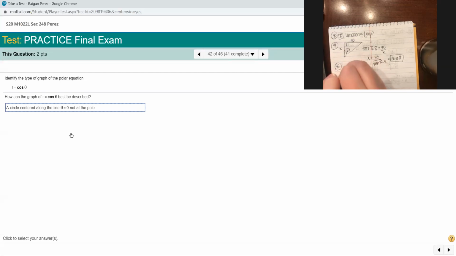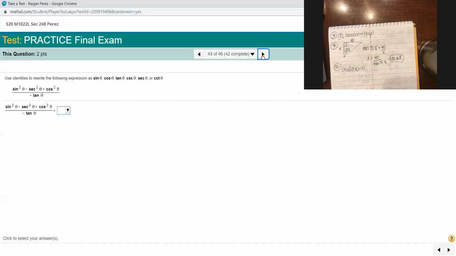So circle at theta equals 0, the same thing as the x-axis. Remember, centered at the pole means centered at the origin.